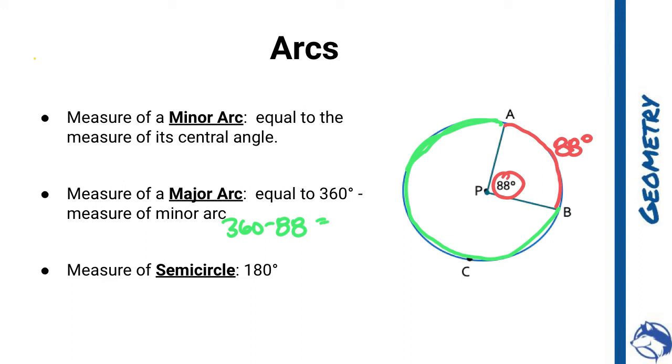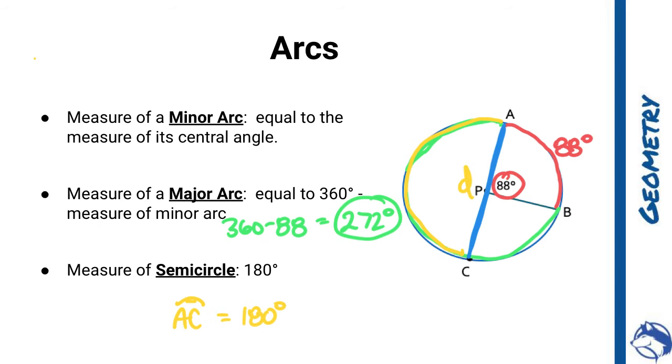So what you end up getting here is 272 for our major arc. Semicircle, if I were to have AC drawn in, just like in the previous picture as a diameter, well then arc AC equals 180 degrees if AC is the diameter.